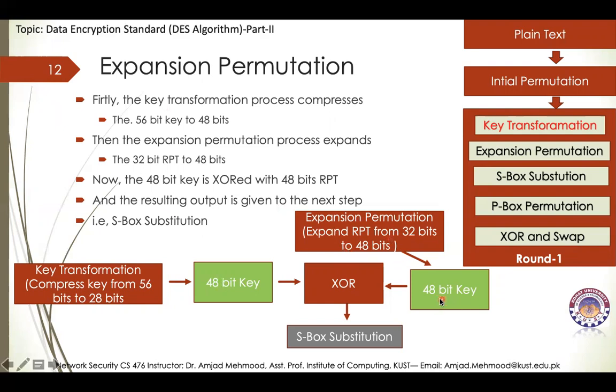So after 48-bit, this will be XORed and provided to S box substitution. So this is how expansion permutation is performed.